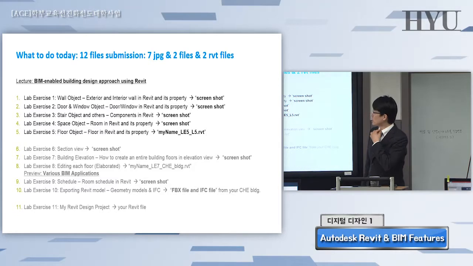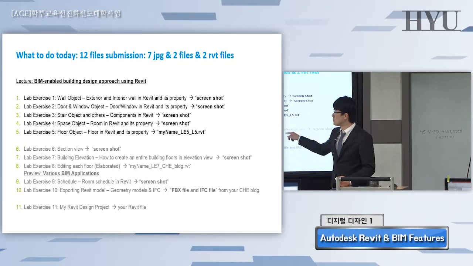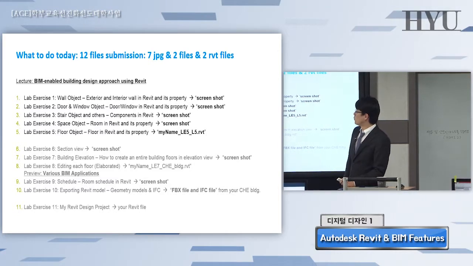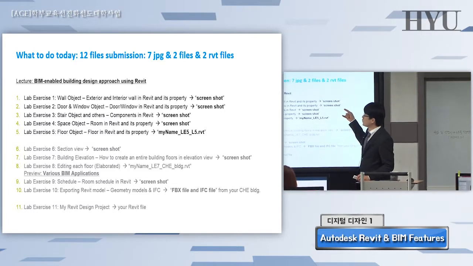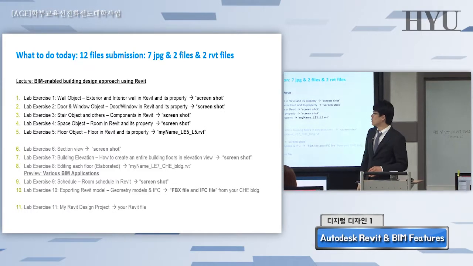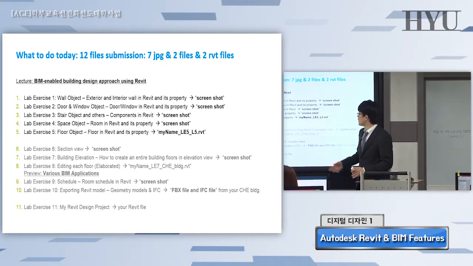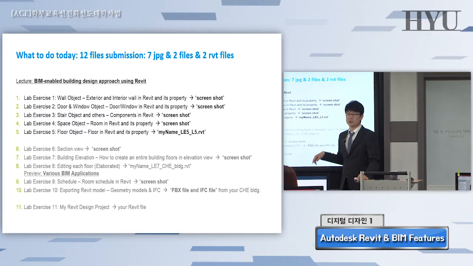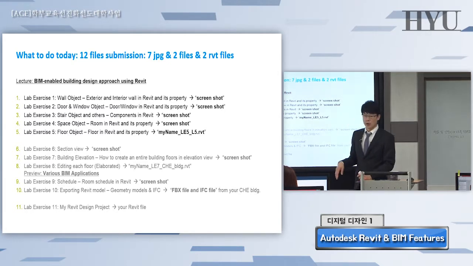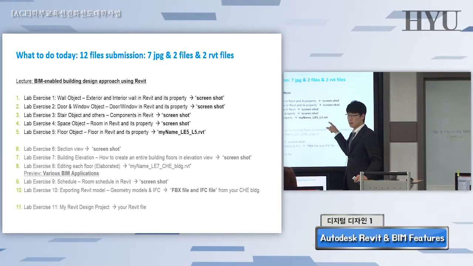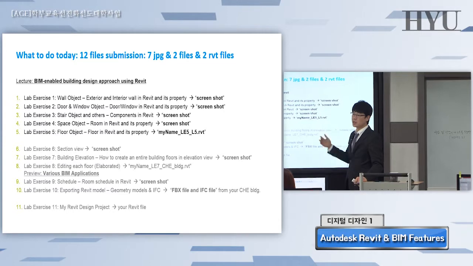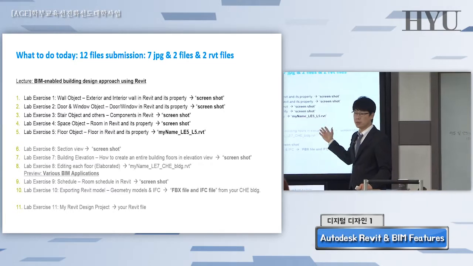We have a series of lab exercises, but today we're going to do lab exercises number 1 through number 5, making some selective important objects using this building, this floor, including this room. Your final submission will be this Revit file as well as a series of screenshots, so that I can see your lab exercise without opening this file.